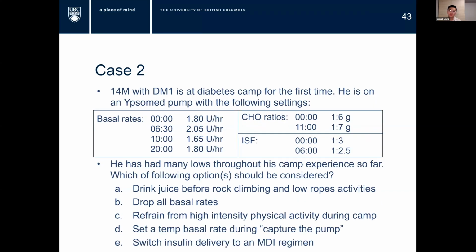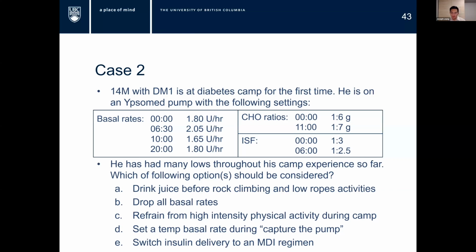In this second case, this camper is having lots of lows during camp. This is quite a typical setting, especially when they have not been very active when they're at home. But then once they get to camp, they're doing rock climbing, they're going hiking and paddle boarding and kayaking, doing all these different activities.